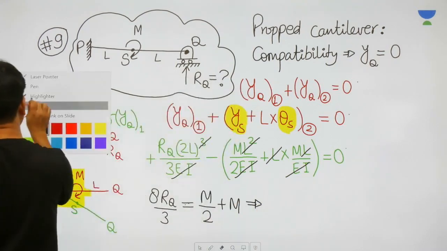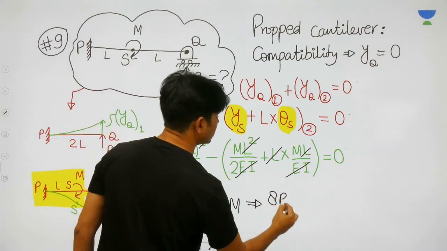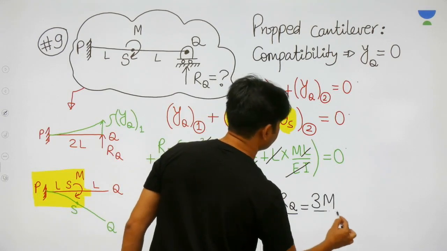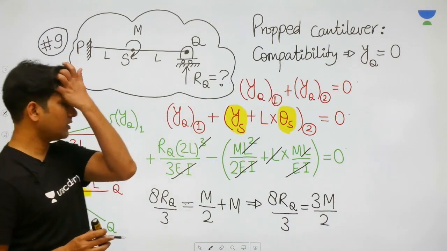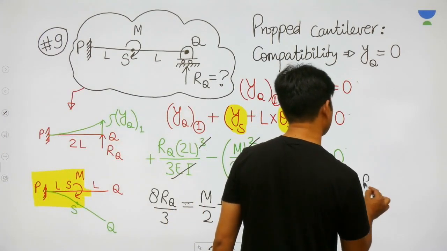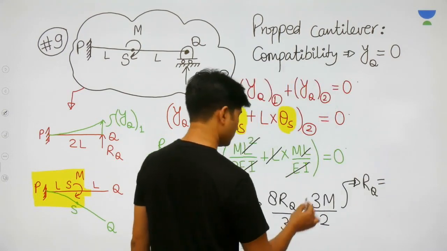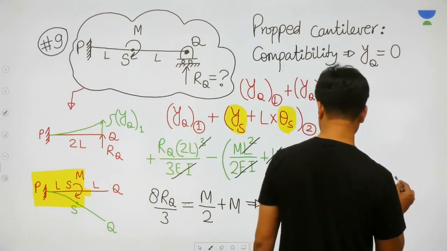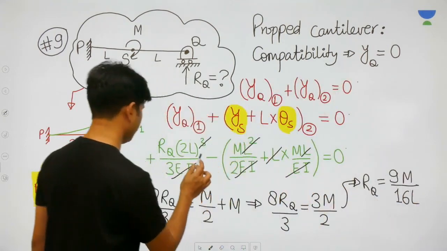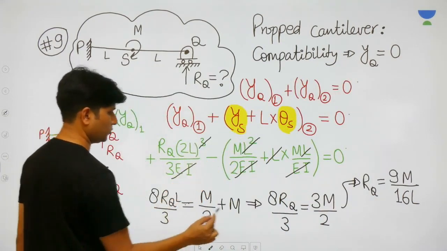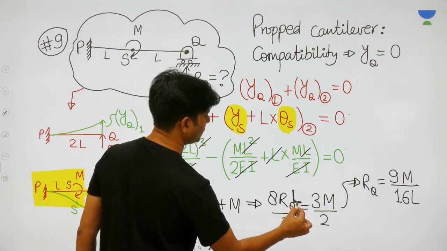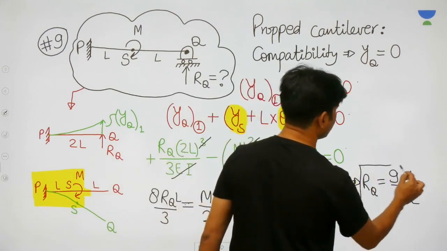So from here we get the RQ value as 9m divided by 16L. I'm sorry, I missed one L here because L cube was there. So one extra L would be here, and this is how you get the final answer.